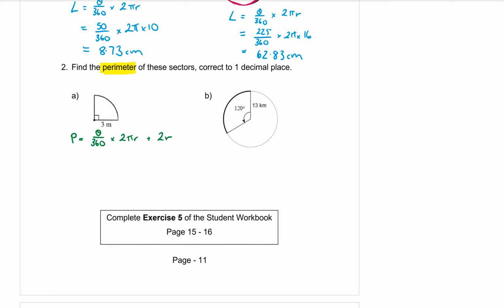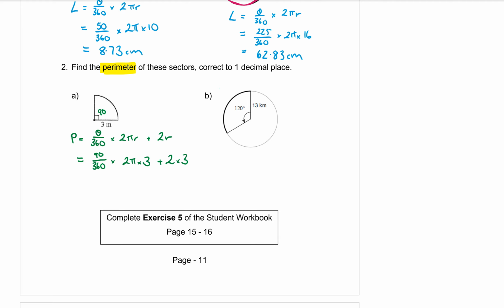Second line, substitute in. Now theta is my angle. I have a right angle in there, so that means 90 degrees. 90 over 360 times by 2 pi times the radius. My radius is 3. So that's the normal arc length part, but we still have to do the plus 2 more radius, so that's 2 times by 3.